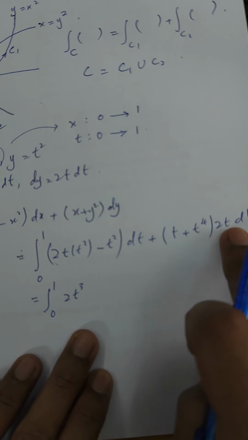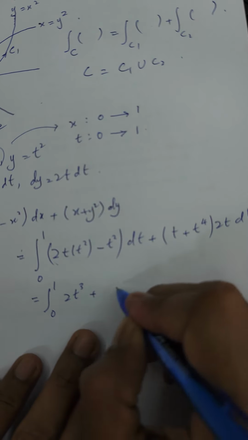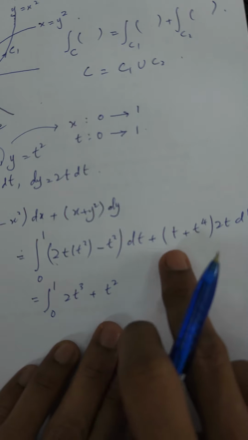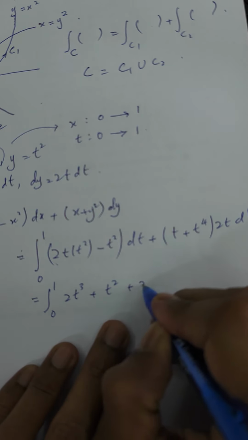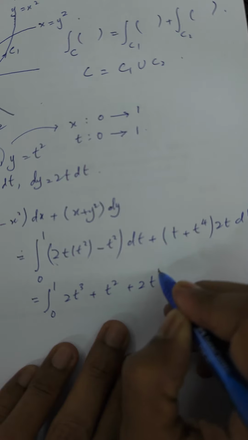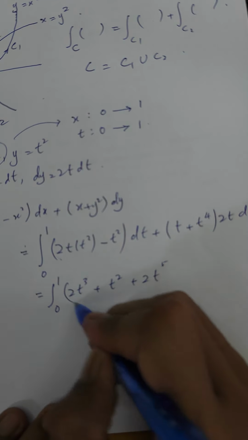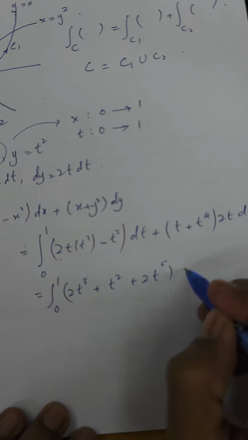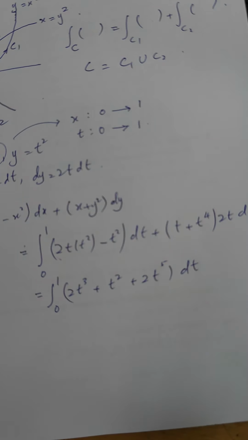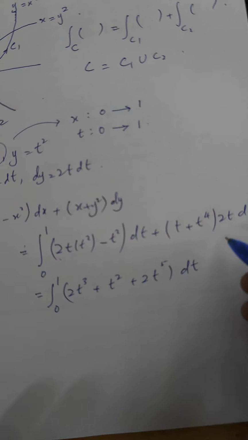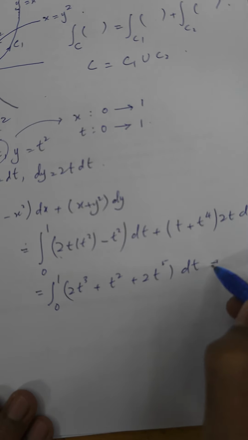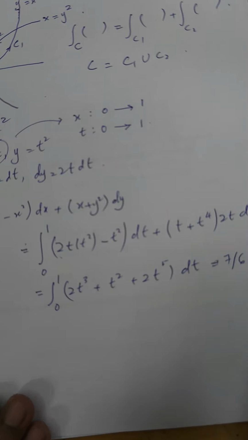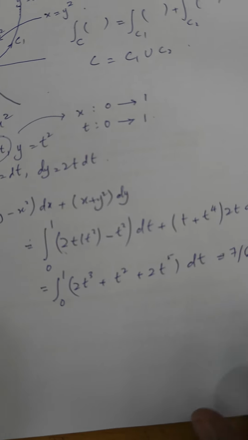So that one minus, that one plus 2. So we have plus t squared. And we have here plus 2t to the 5th. Alright, then this is dt. Okay, so you evaluate this, that gives you 7 over 6.